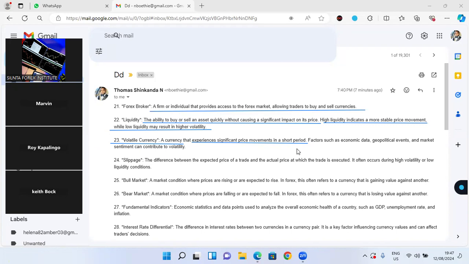It's a volatile market. Factors such as economic data, geopolitical events, and market sentiments can contribute to volatility. We'll learn more about market sentiments later. But when the price moves up and down very fast, it's known as high volatile. When the price is not moving at all, it's known as low volatile.